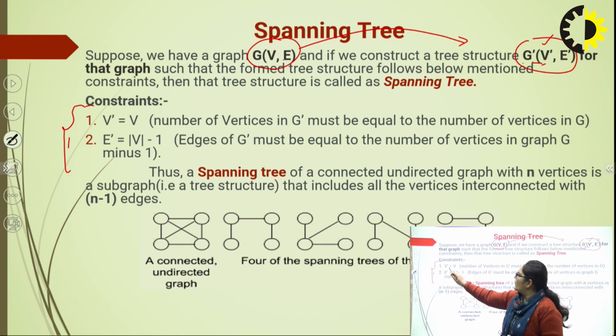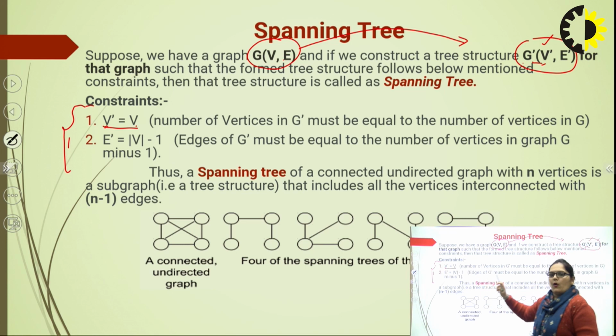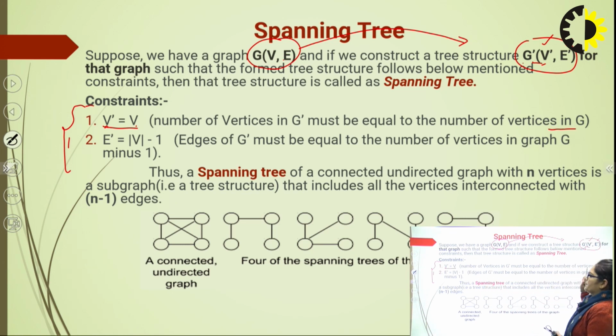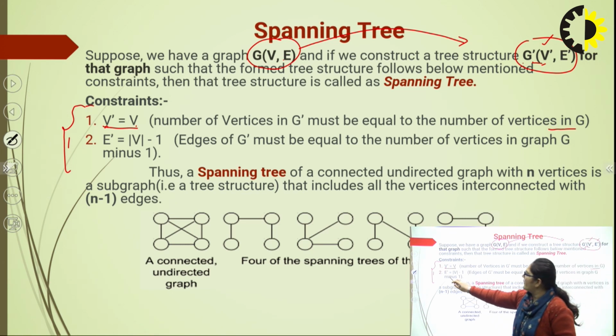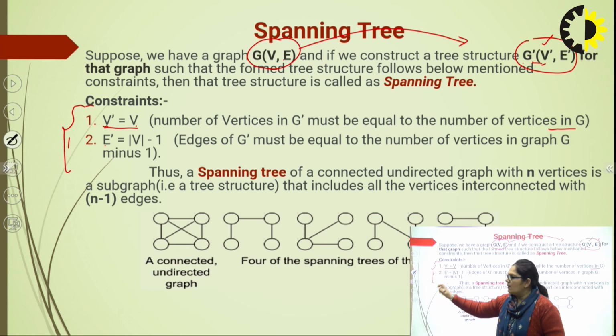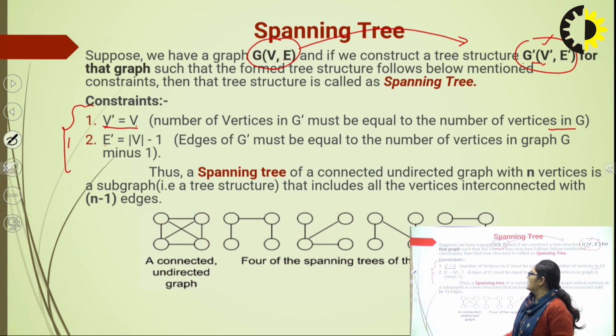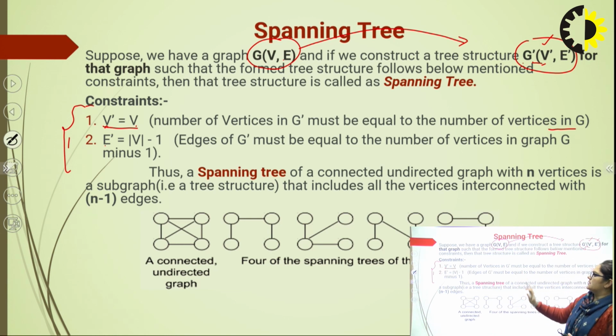The first constraint is that the number of vertices in your spanning tree will be equal to the number of vertices already available in graph G. The second constraint is that the number of edges in the tree is equal to the number of vertices in the graph minus 1. If these two constraints are satisfied, then that tree is known as a spanning tree.